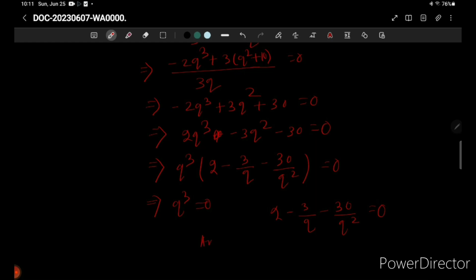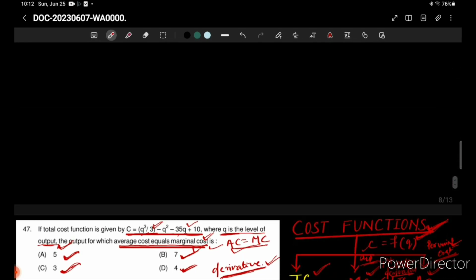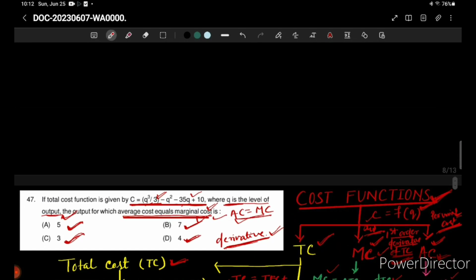So here the answer is not predictable. Okay. So here I can say the answer is not predictable. So it is difficult to find out the answer because the solution does not exist.